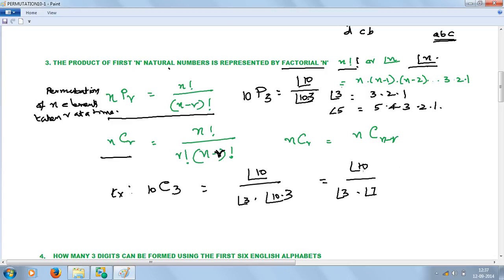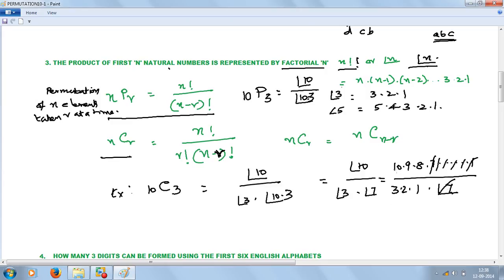I will show you how to work out factorial 10 divided by factorial 7. Factorial 10 is 10 multiplied by 9 into 8, 7, 6, 5 up to 1, divided by factorial 3, which is 3, 2, 1. Factorial 7 is 1 to 7, so this will get cancelled.